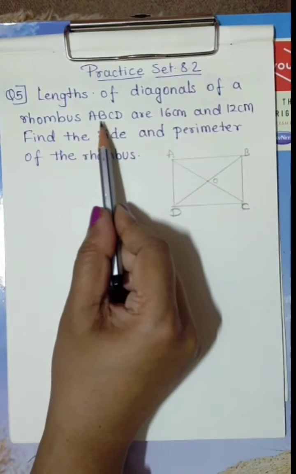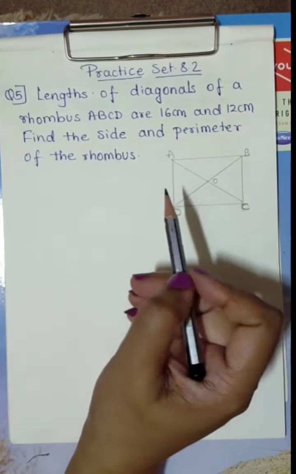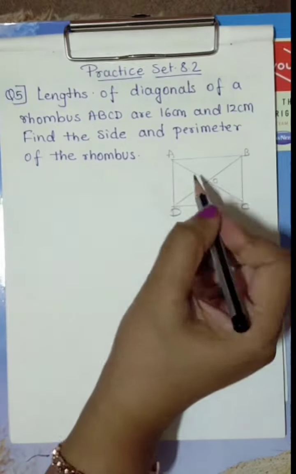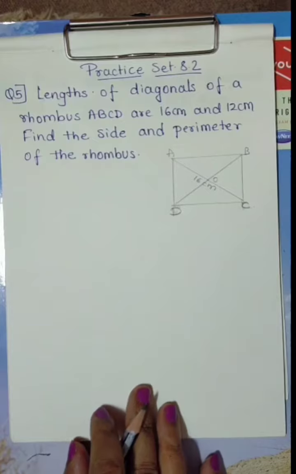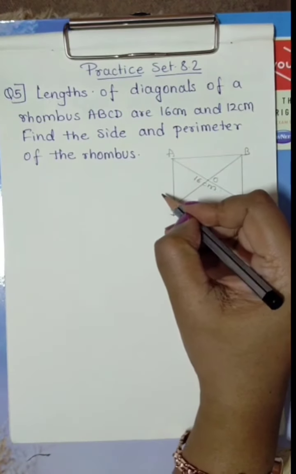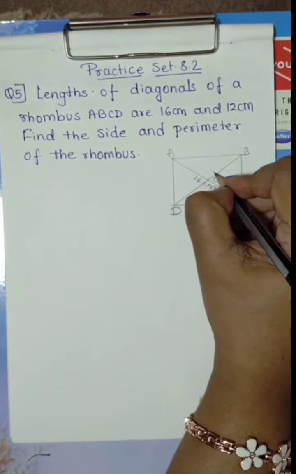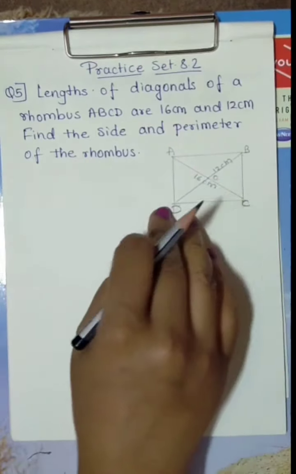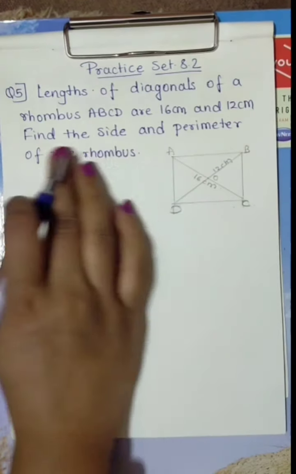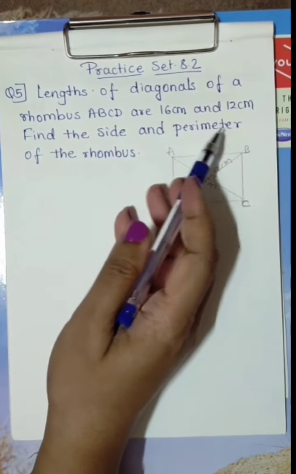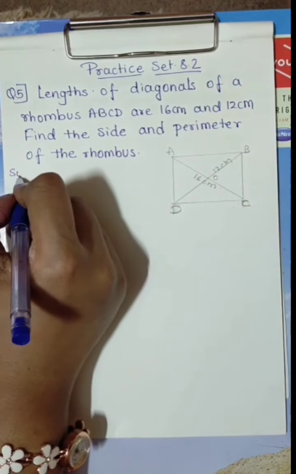The diagonals of rhombus ABCD are 16 cm, so here AC is 16 cm, and DB is 12 cm. These both are diagonals. Now we have drawn this picture. Find the sides and perimeter of the rhombus. So we have to find the perimeter of the rhombus.